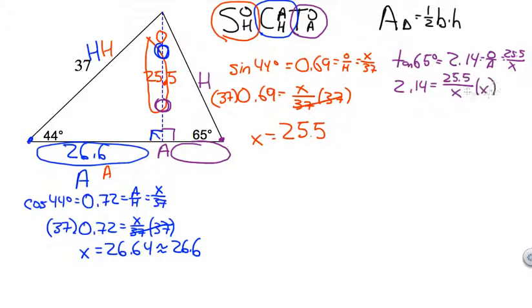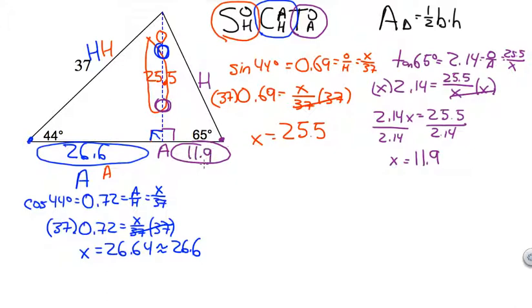Multiply both sides by x to get rid of x out of the denominator, and I end up with 2.14x equals 25.5 because these x's cancel. And then if I divide both sides by 2.14, that's equal to x equals 11.9.